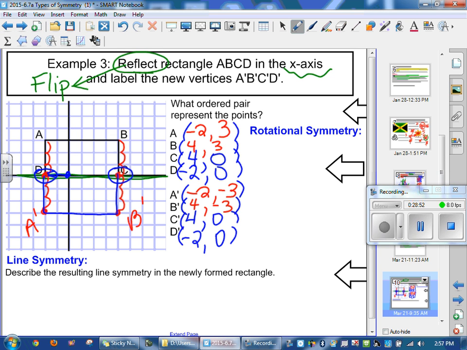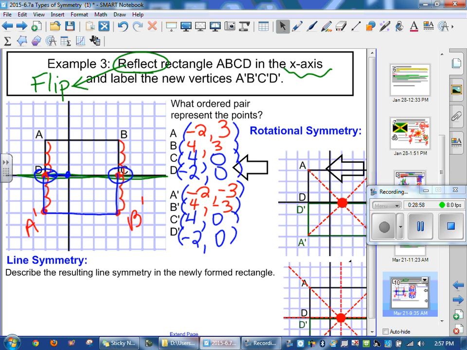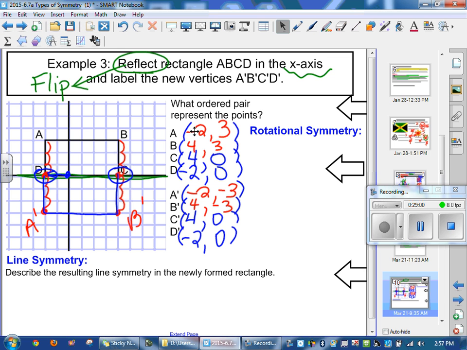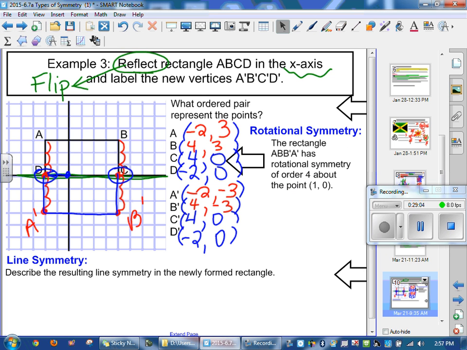Okay? All right, now we're going to check and see, does it have rotational symmetry? Rotational symmetry. Yes, it does. We can rotate that guy as long as we rotate it around the middle. What is the middle of this object?